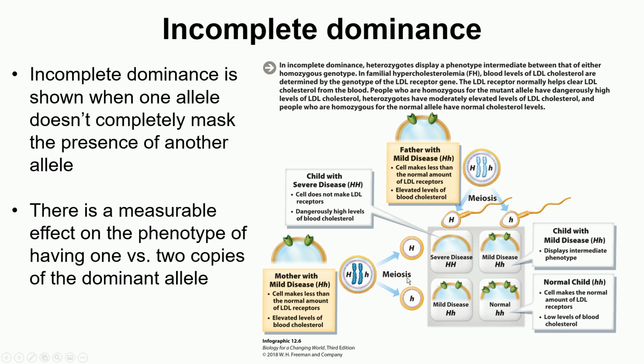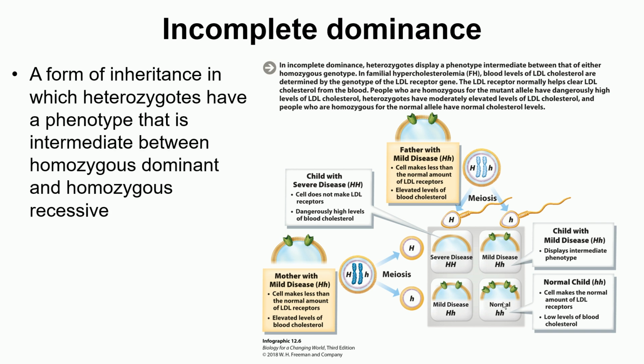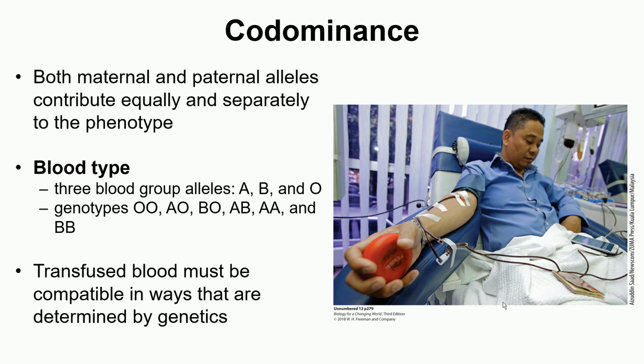So you can make the gametes and fuse them. You can see capital H goes with capital H, so this child of these parents will have a severe disease. If this goes with this, the child will have mild disease. Again, this goes with this, mild disease, and this will be normal. So this is basically showing what incomplete dominance is.